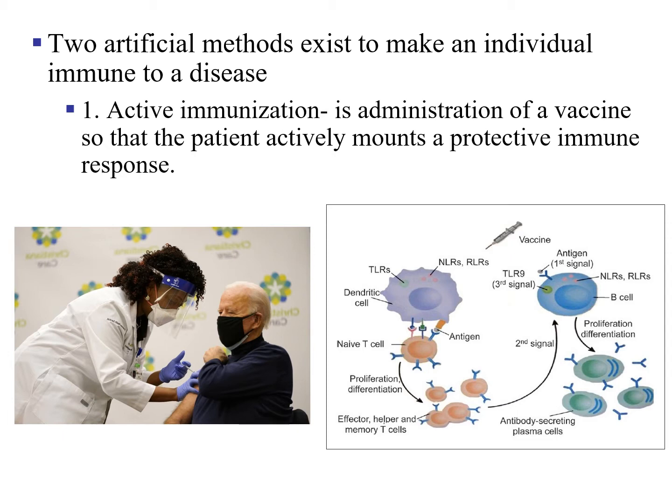Then a naive T cell will bind or interact with the antigen presenting cell. They will communicate. Then the T cell is going to send a signal to B cells, and then B cells are going to produce antibodies. So this is a process that will allow the individual patient to generate antibodies through an active immunization.